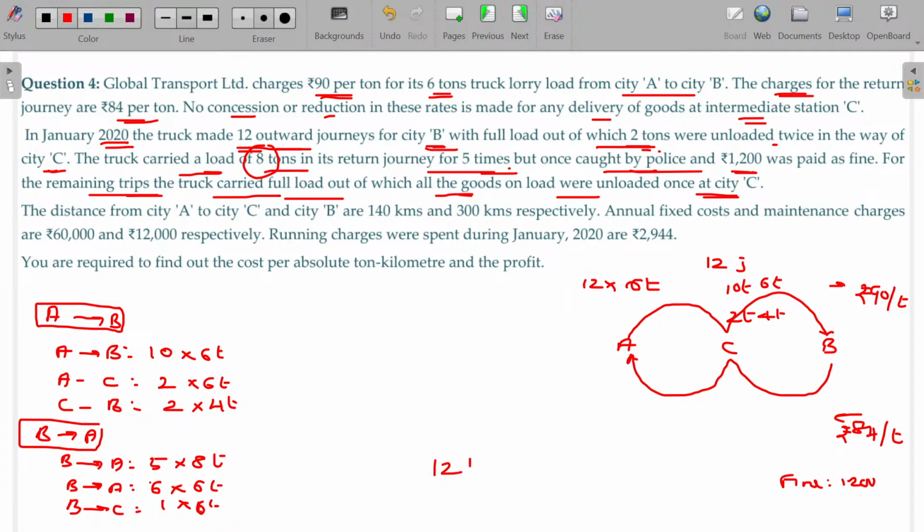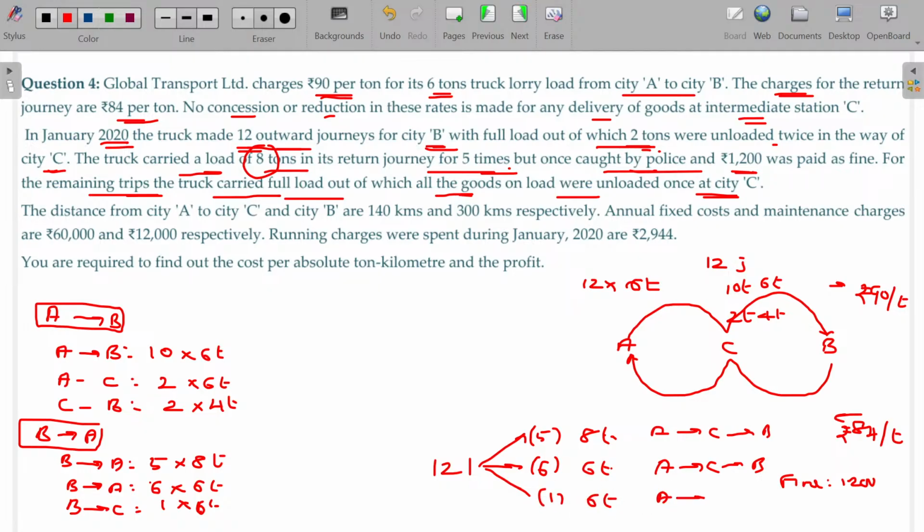Out of 12 times, 5 times with 8 tons load fully from A, C, B. And almost 6 times with a full load. This is overload, this is full load from A to C, C to B. Only once 6 tons A to C, thereafter unloaded. From C to B, it's empty only.